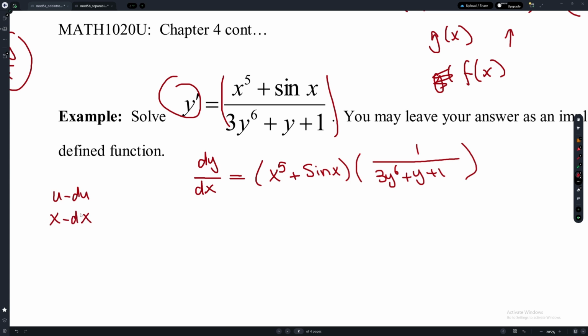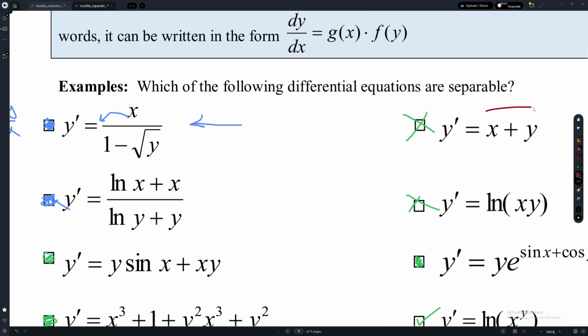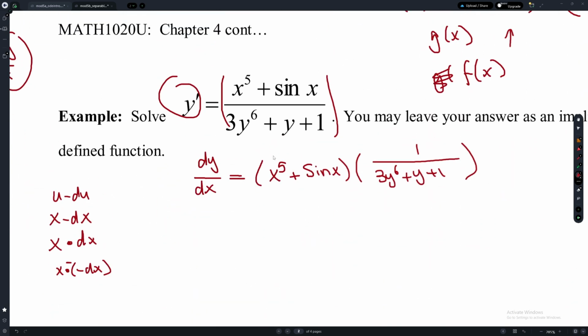You cannot integrate this. We never integrated something like this. We always integrated x times your dx. Sometimes it was like x times negative dx, but it was never minus. That's why if it was something like this, you cannot. So if I had dy over dx equals x plus y and I take y to the other side, I'll get dy minus y. I cannot integrate this.